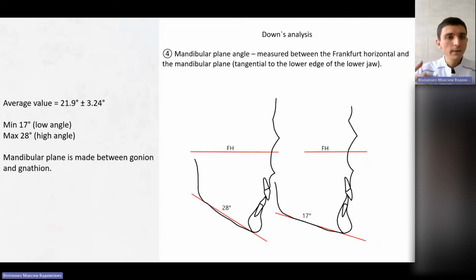And if the patient has a high angle, in orthodontic treatment, we need to extract the premolars to make the mesial shift of the molars and to make this angle 28 during the extraction and the mesial movement of the molars. We go from 28 to 32 and we decrease this angle.